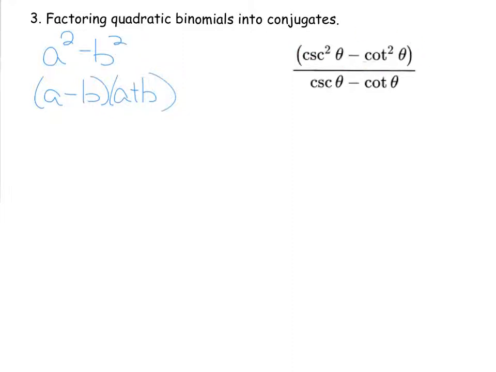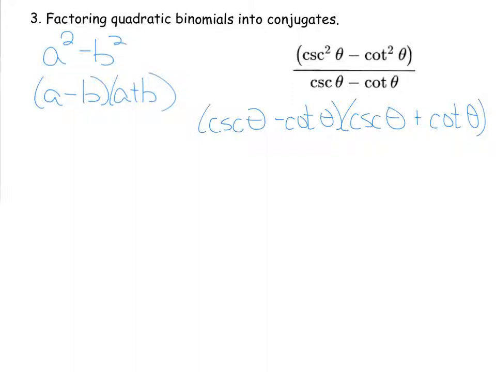So what I have here is a difference of squares. So that factors into cosecant theta minus cotangent theta times cosecant theta plus cotangent theta. Since that is a difference of squares, it will factor that way. Then I'm going to put that over that.